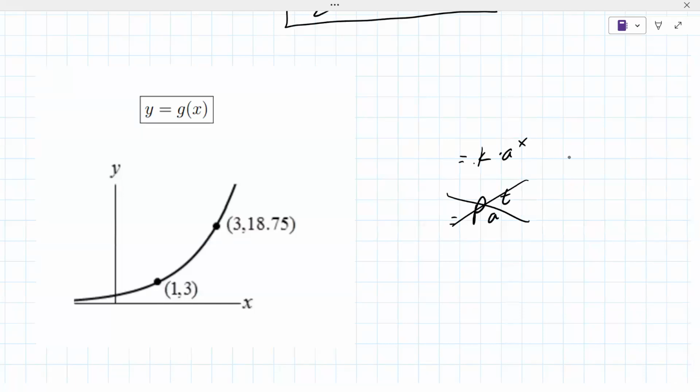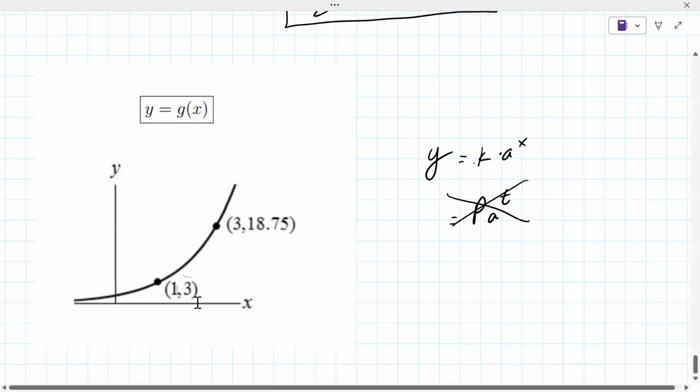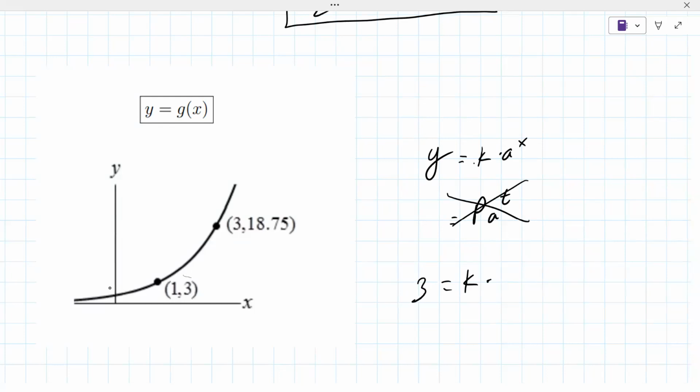All right. You start with usually the nicer one, the one that's closer here. So it's 3 equals k times a to the power of 1. The problem with this is there's two variables in one equation, so that's really bad. So then you try the other one: it's k times a to the power of 3.